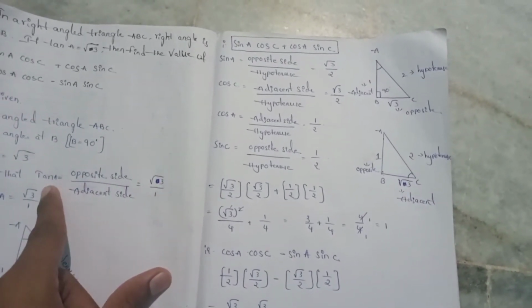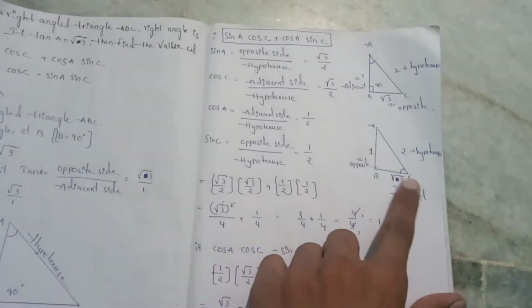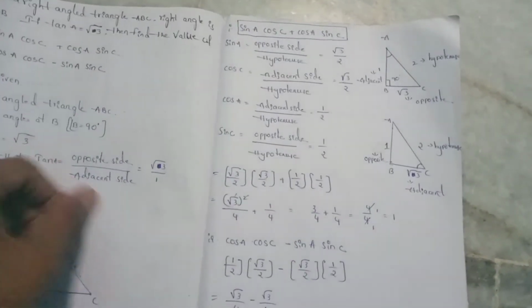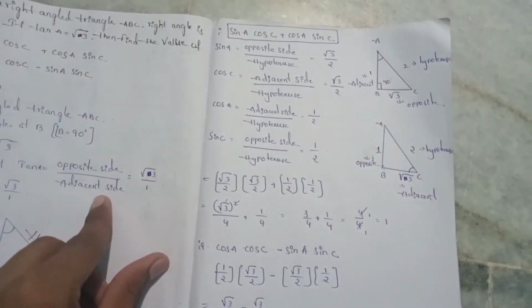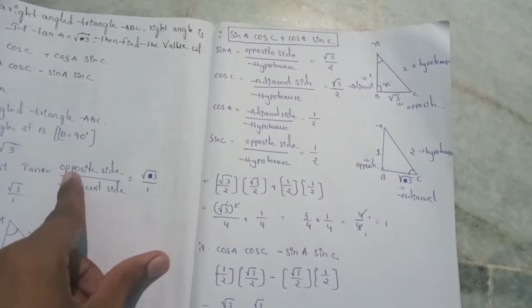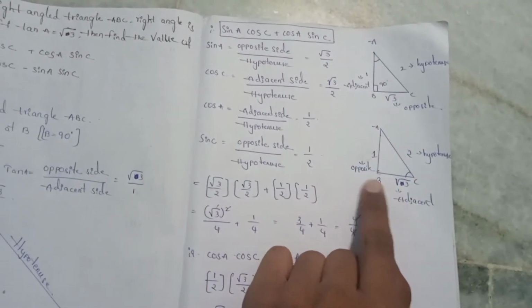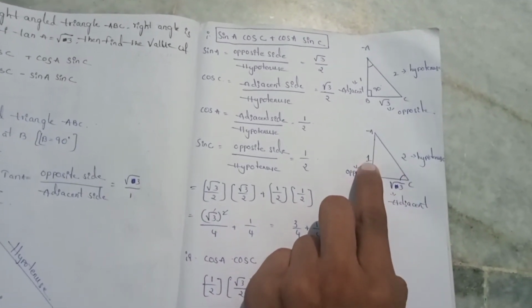When it is tan C, the sides switch. Observe here, opposite to this is AB.